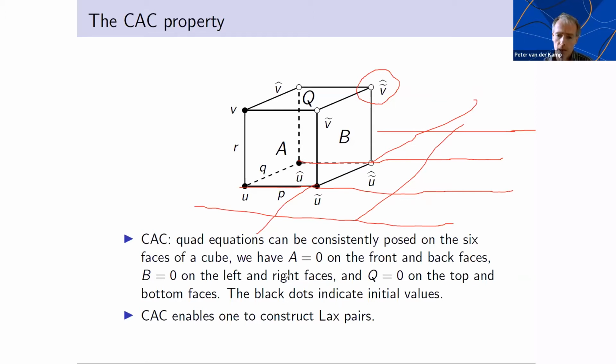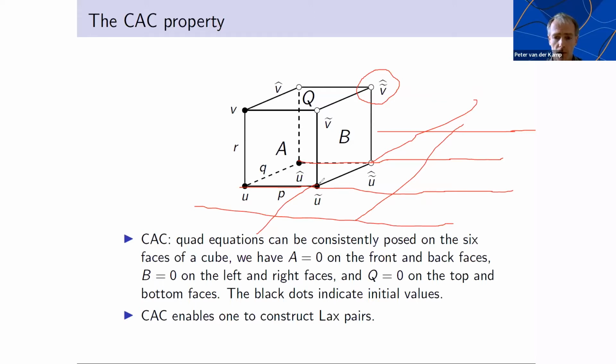So the thing is, you can have different equations on the different faces. And there is a big difference between having the same equation on, say, parallel faces, and if you don't have them on parallel faces. But in principle, all equations can be different equations.